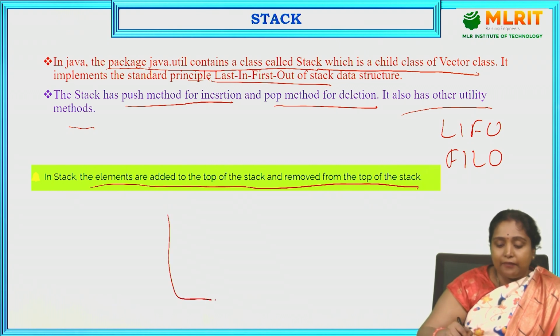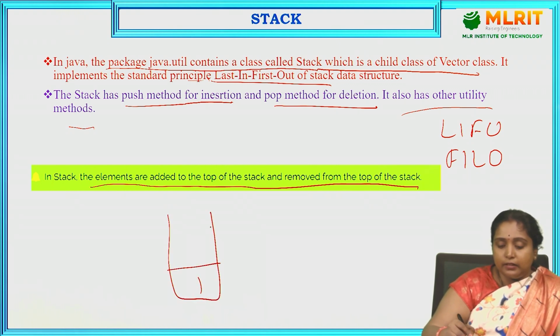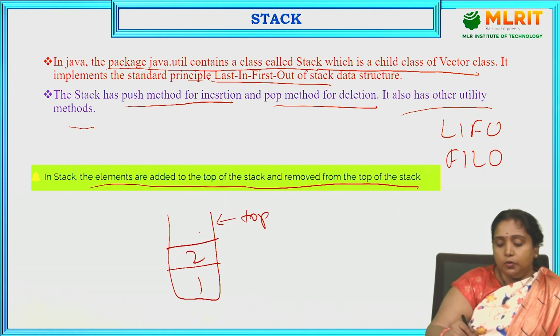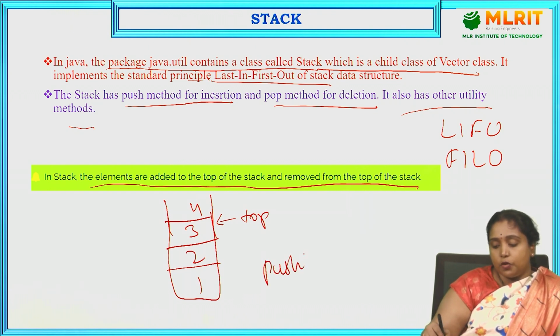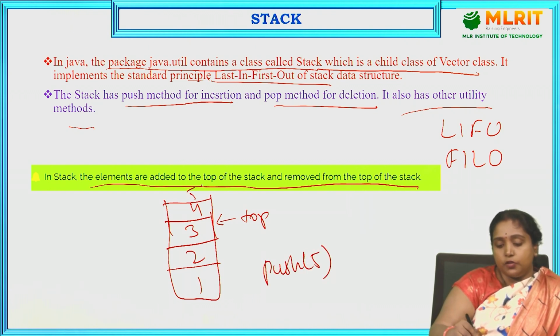So you will have the stack like this. If I'm inserting, the last element is the top. So 2, 3, 4. Whenever you are pushing values, for example push of 5, I have to push the 5 value here.